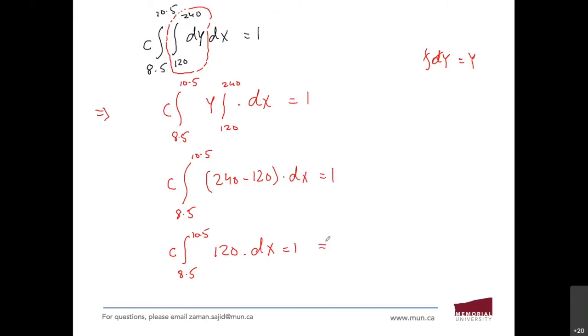It will be C times 120, integral from 8.5 to 10.5 of dx is equal to 1. Now the same rule which we were using here applies here: the integral of dx will be x, because the integral and d cancel out each other.